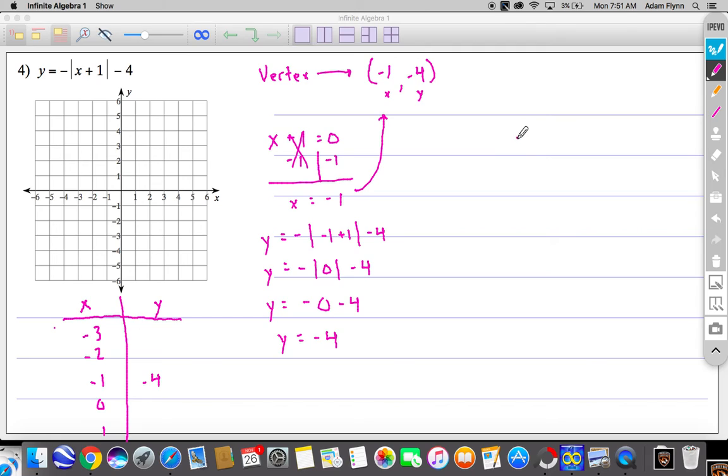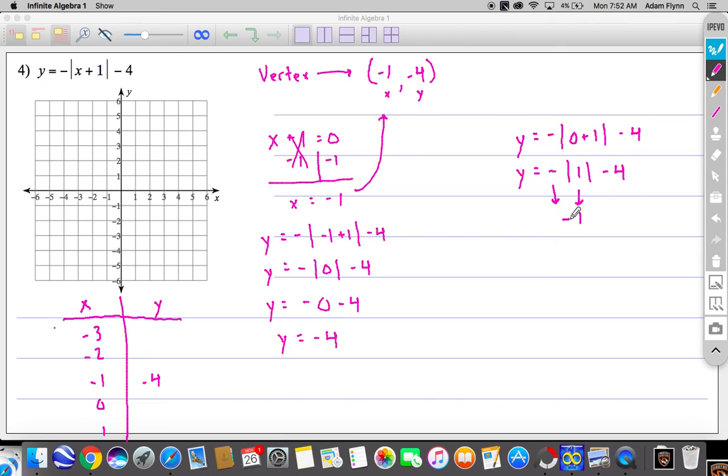So when I plug in 0, I get y equals negative absolute value of 0 plus 1 minus 4. So 0 plus 1 is obviously going to be 1. Okay, so absolute value of 1 I know is going to be 1, but we also have to drop down this negative sign.